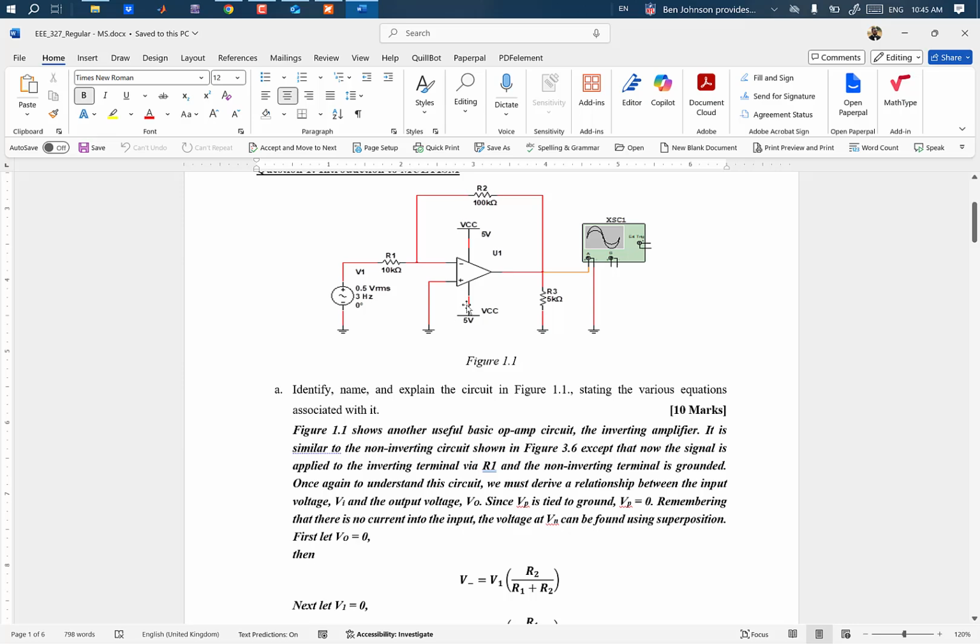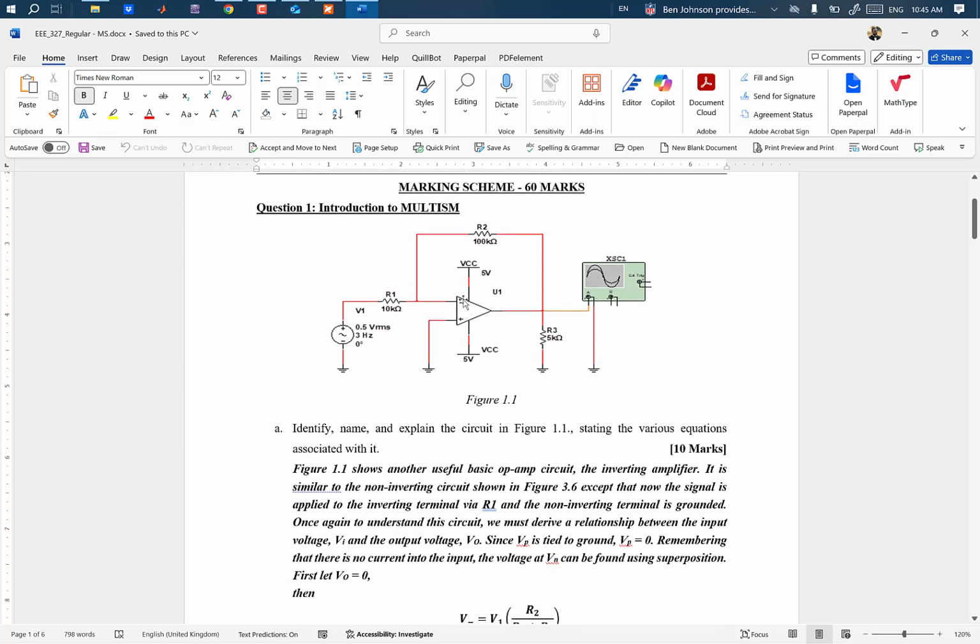So if you look at an op amp of this nature, you realize that it is the negative input, or the inverting input, of the amplifier that is biased. So that is basically an inverting amplifier.